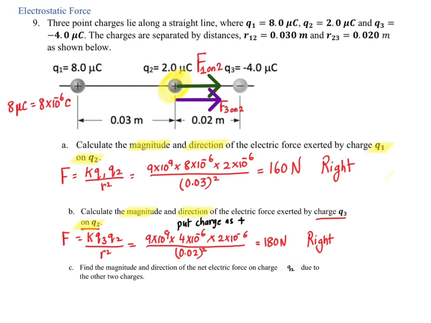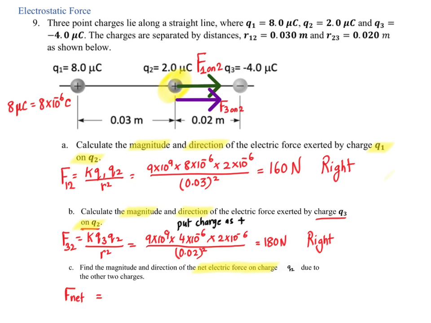The next question is asking you, but before that, let's label the forces as F12 and F32, to know which force we are talking about. So there are two forces acting on the charge 2. The next question is asking you to find the net electric force on Q2, F net.